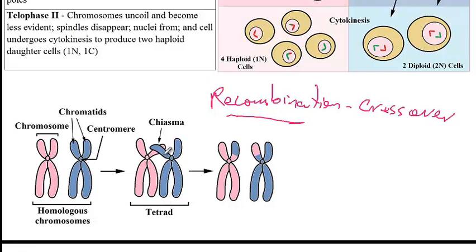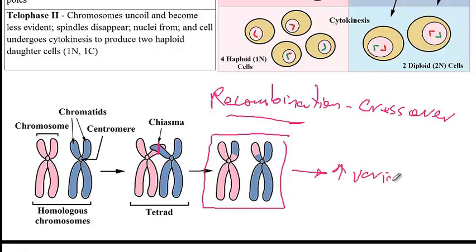During recombination, they form a tetrad, and the chiasma is the site where they exchange their genetic material. So you can see that part of the chromosome from the blue part has been transferred to the pink chromosome, while part of the pink chromosome is transferred to the blue one. So here we had genetic exchange, which gives us more variation in offspring.